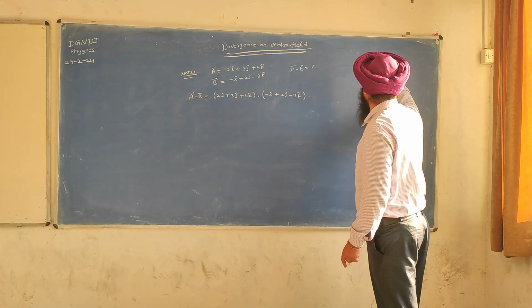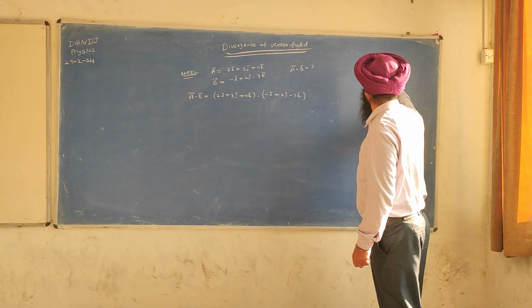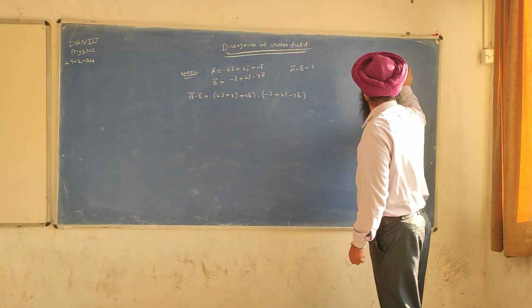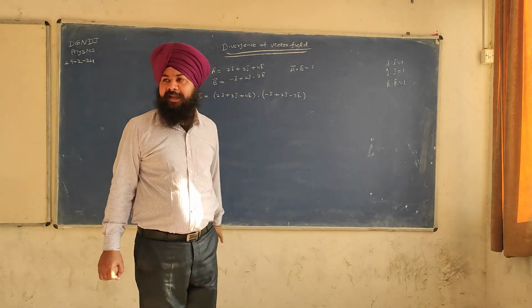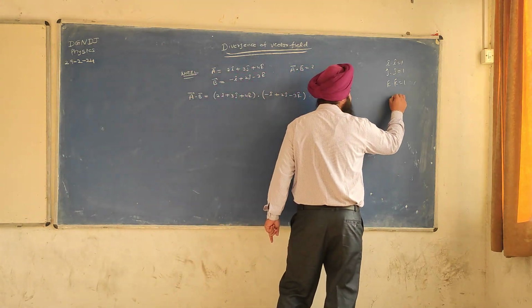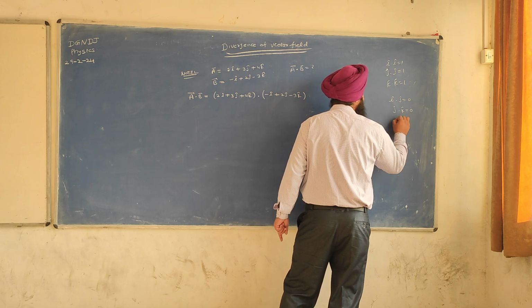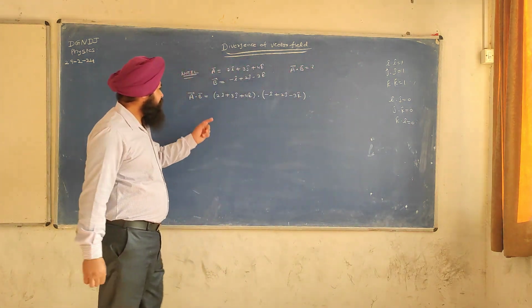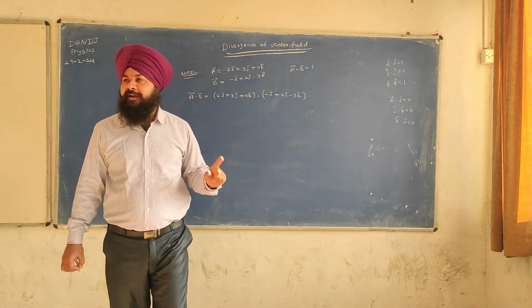Now this is a general rule: i dot i is 1, j dot j is 1, k dot k is 1, i dot j is 0, j dot k is 0, k dot i is 0.